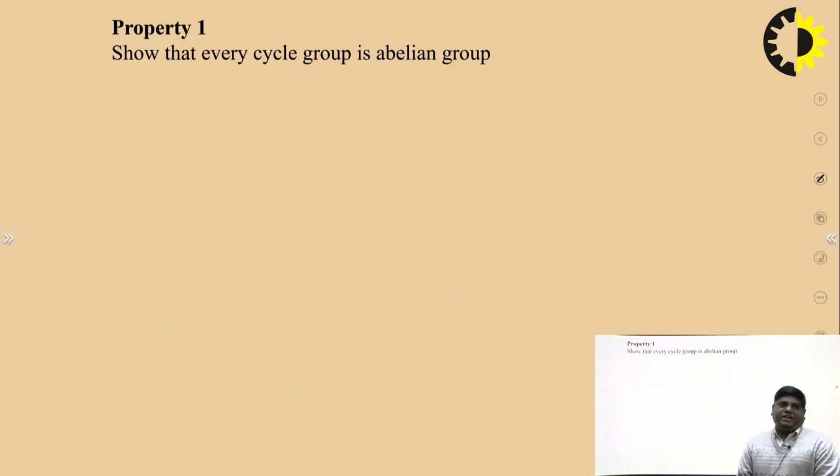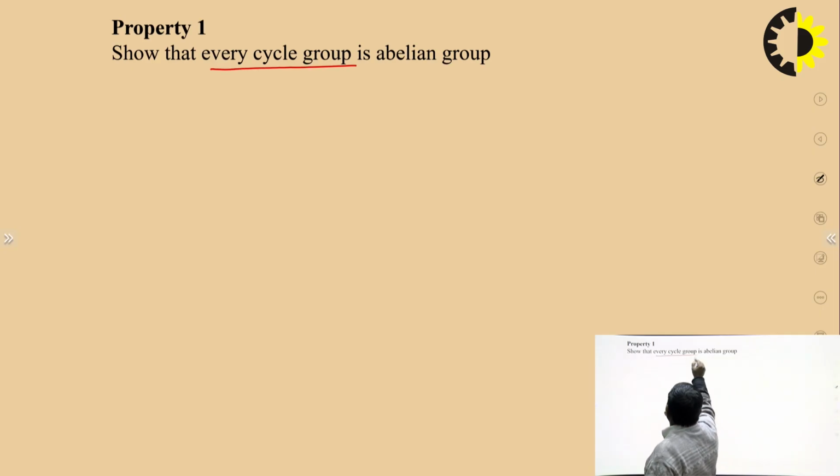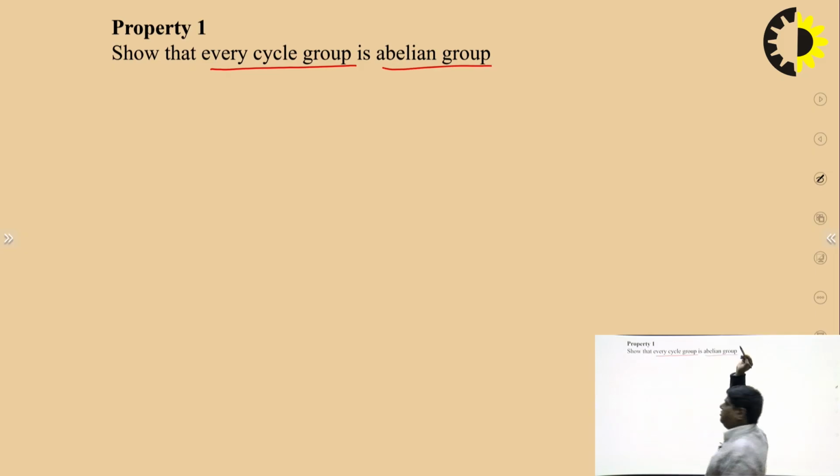Move to the next property of the group, which is also very important: every cyclic group is an abelian group. Now what is an abelian group and what is a cyclic group?